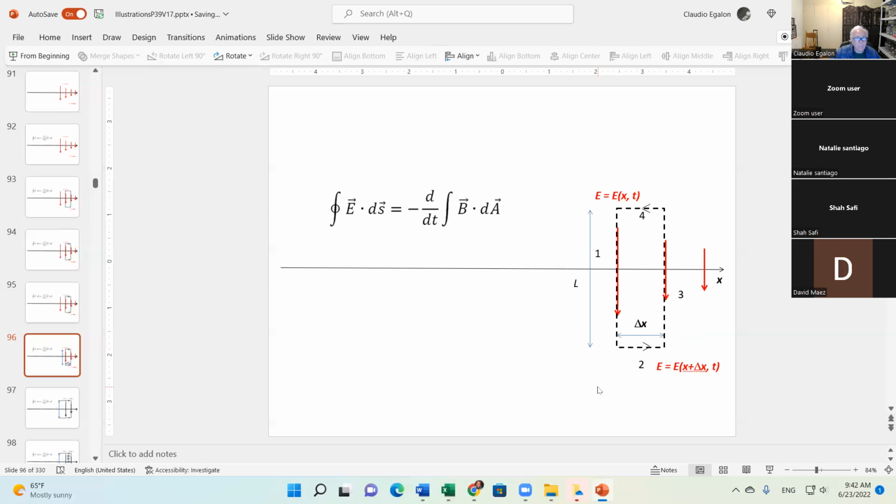Okay, a rectangle of length L and width delta x.